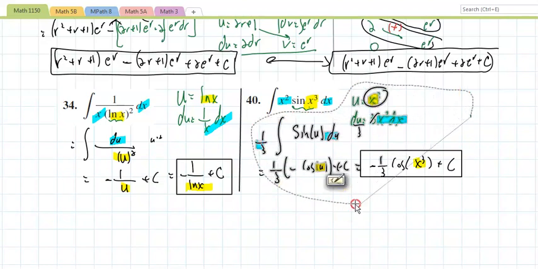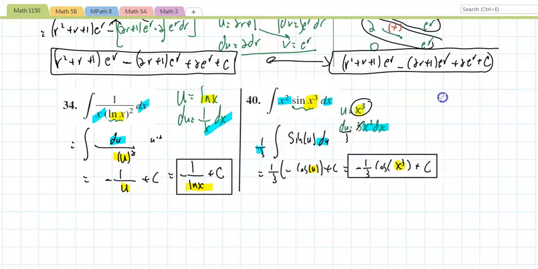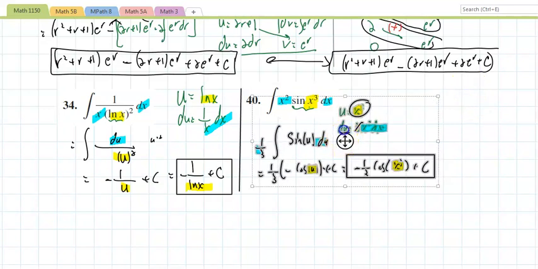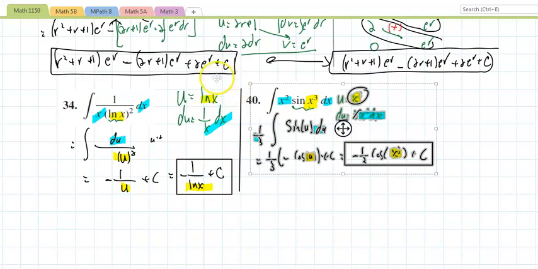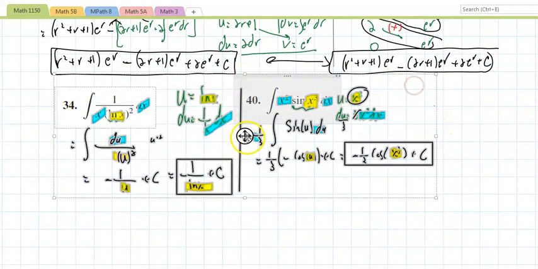I'm going to shrink this a bit and fit the last problem there. Actually, I'm going to shift the whole thing to the left a bit.